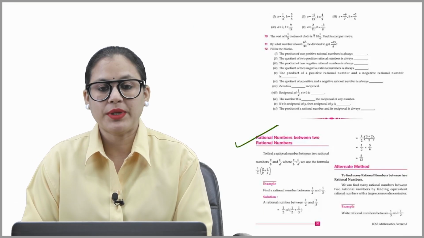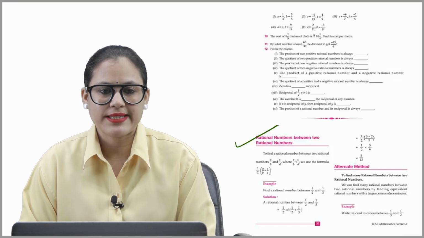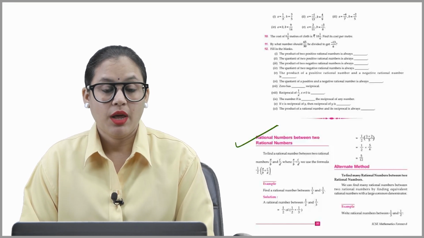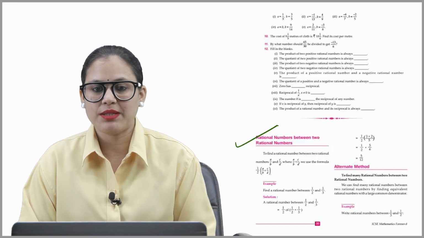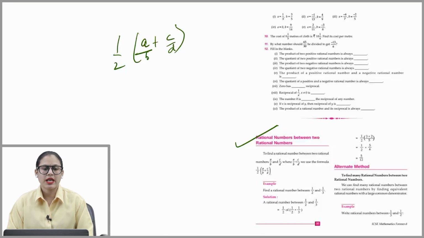Rational numbers between 2 rational numbers. To find a rational number between 2 rational numbers A by B and C by D, where A by B is less than C by D, we use this formula: half of A by B plus C by D. Okay. For example, we have to find the rational number between 1 by 2 and 1 by 3. So what is the formula?